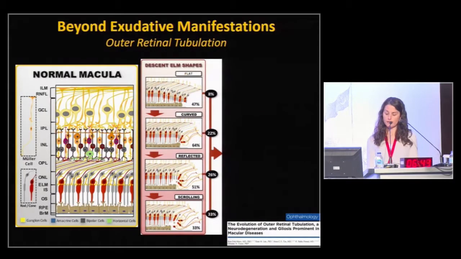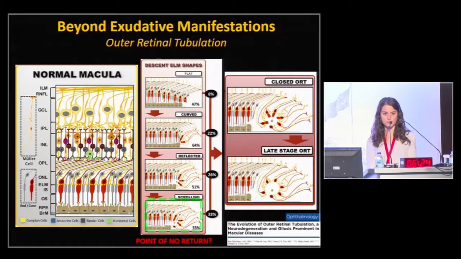So we see that the ELM descent moves from a flat shape into a curved shape, then a reflected shape, and then a scrolling shape. And this is maybe a point of no return in order to have outer retinal tubulation.